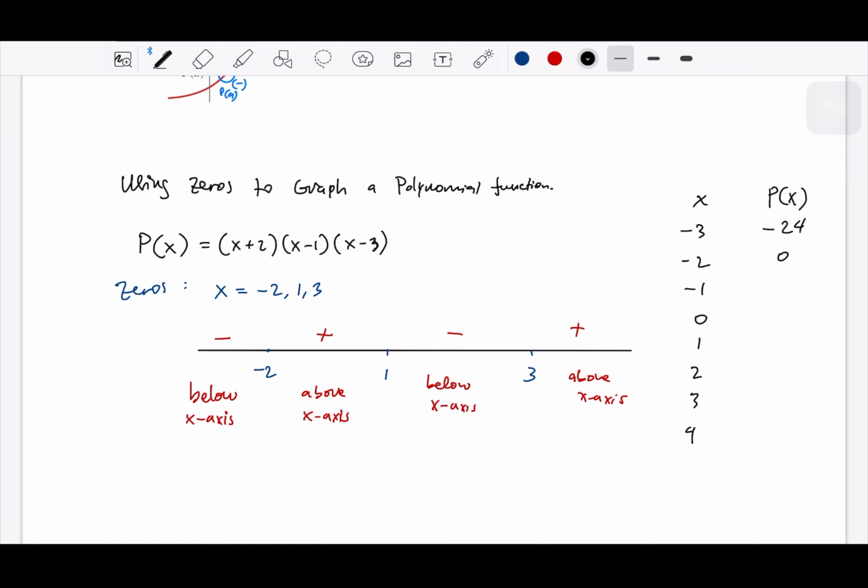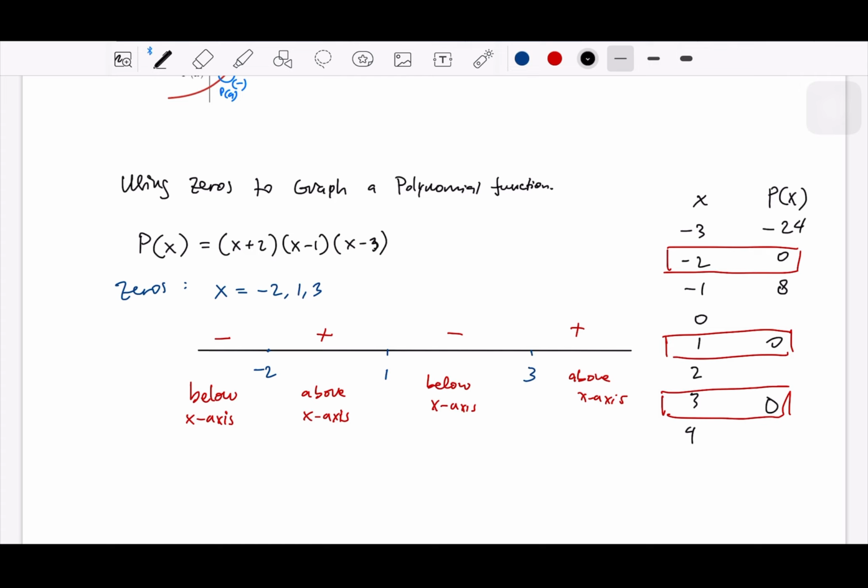-2 is 0, right? So these are the zeros. This is also zero. This is also zero. Then for -1, -2 is 8, right?